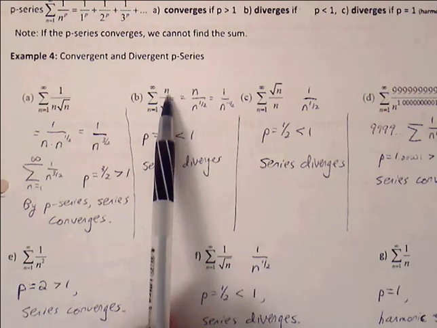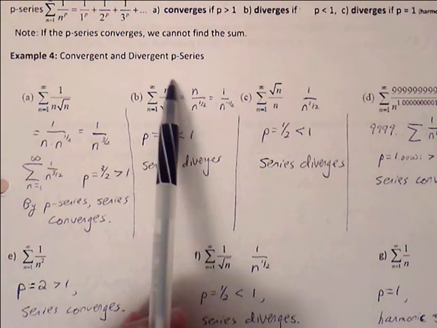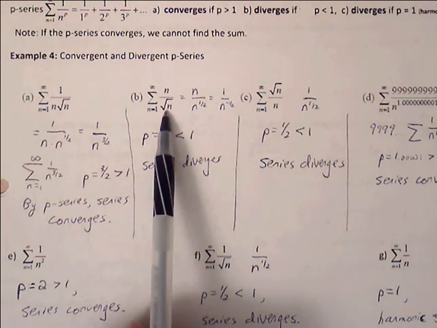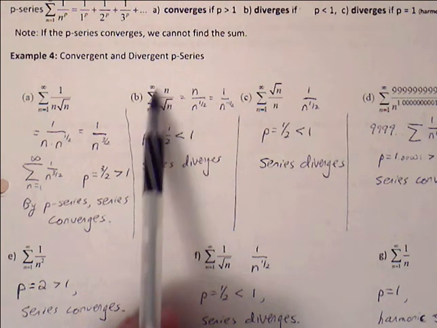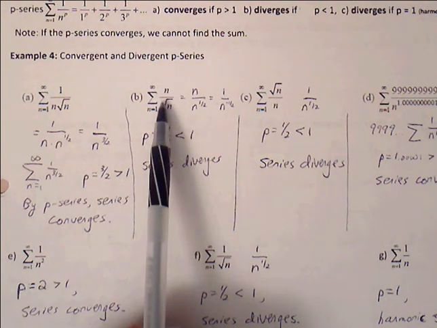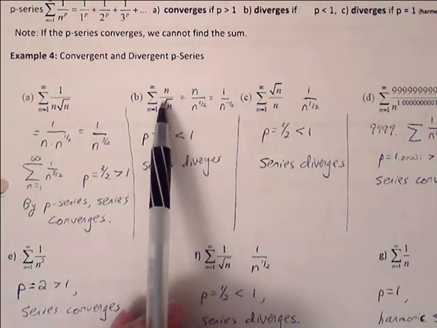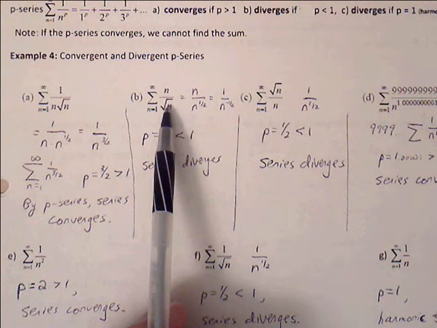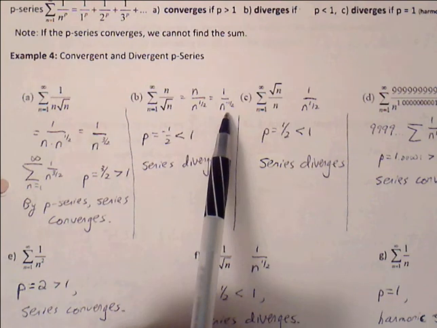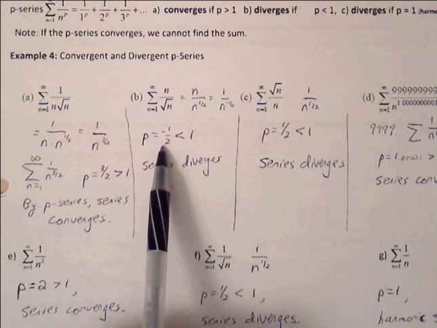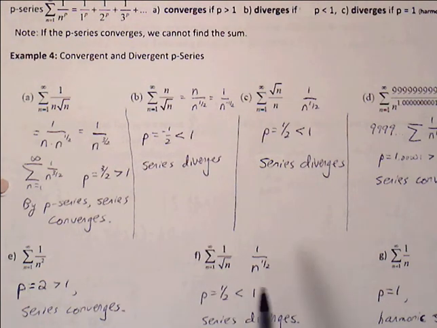Next one, part B, n over root n. We can actually use the nth term test and see that n is growing faster than root n, so we could say that this will just diverge. We don't have to go through p-series, but if we were to, we could as well. We take the square root of n and subtract the exponents, making it n to the negative 1/2, and p is equal to negative 1/2, which is less than 1, so our series will diverge.